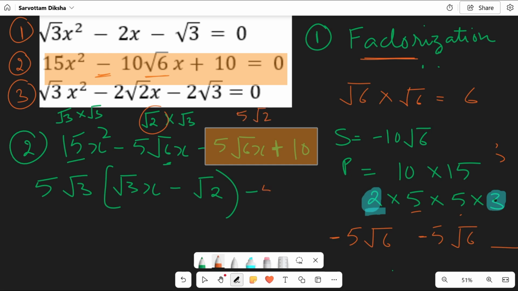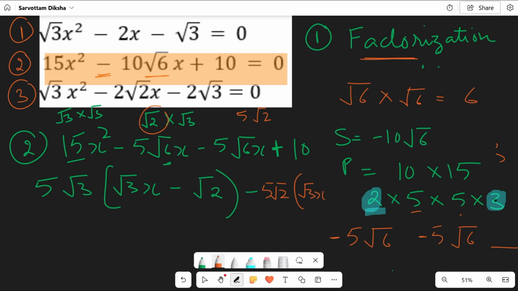So if I take 5 root 2 out, I will get the same way root 3x, because I have taken minus out, so the signs of all the terms inside will change. It will be root 2.